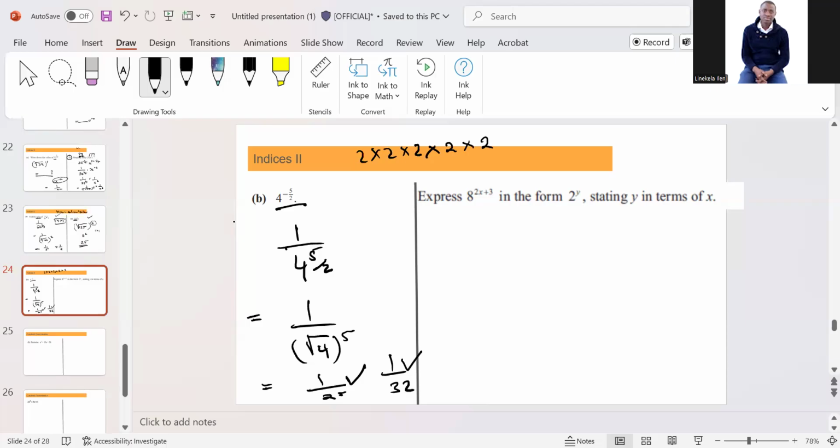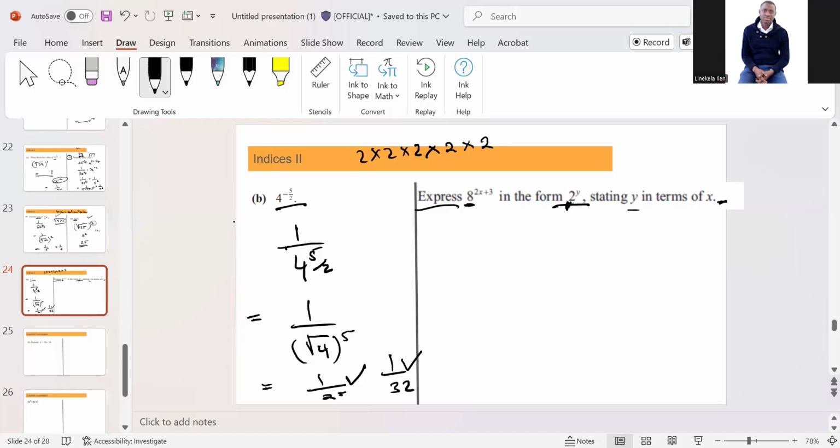All right, another typical one where they will just ask you to express this into that. What this simply means is make this base here to be 2, right? And then you need to state y in terms of x. So let's try and do this.